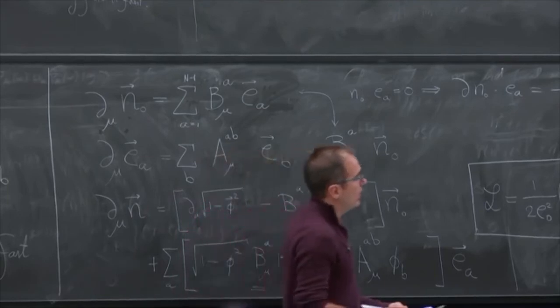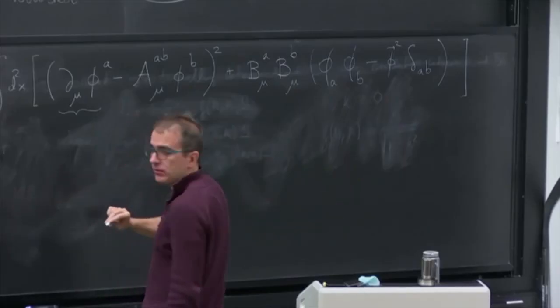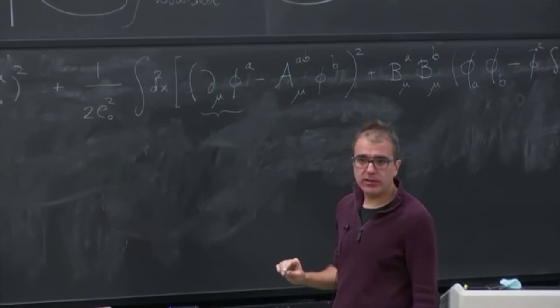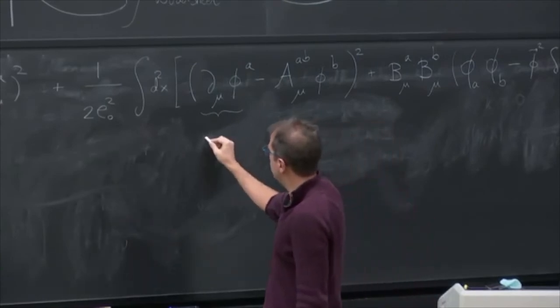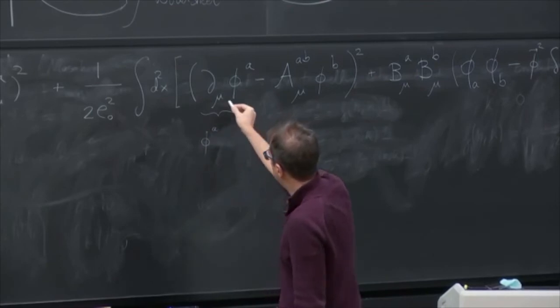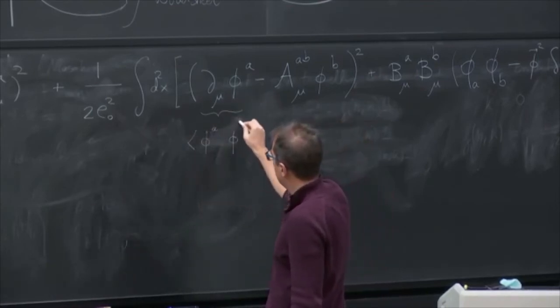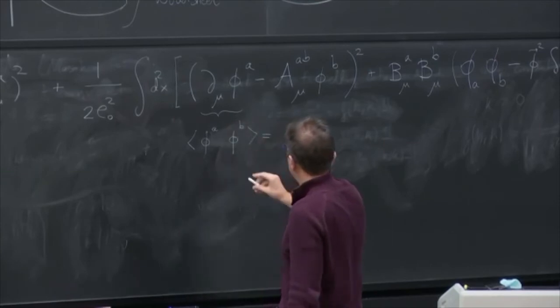Okay, so now notice that the fact that I have this term here, this d mu phi square, this tells me that phi A is a massless field with propagator. The propagator phi A, phi B is just what?